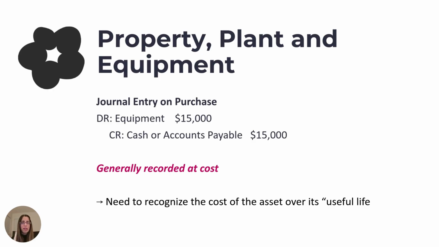But again, we'll discuss that at a later time. This is just very high level to introduce to you how we record the original cost and then recognize that cost over its useful life. So we want to record the asset at cost, and we also then need to recognize that cost over its useful life.